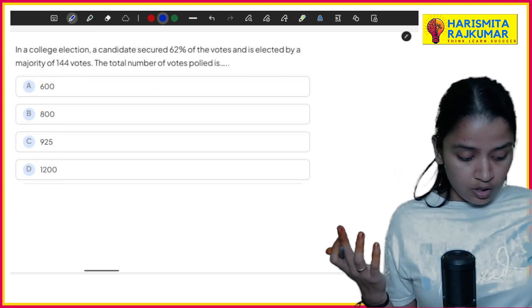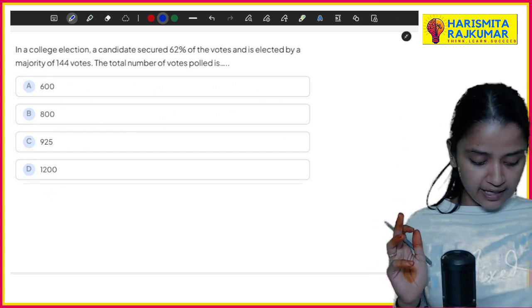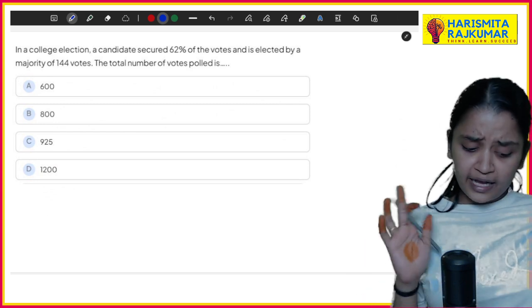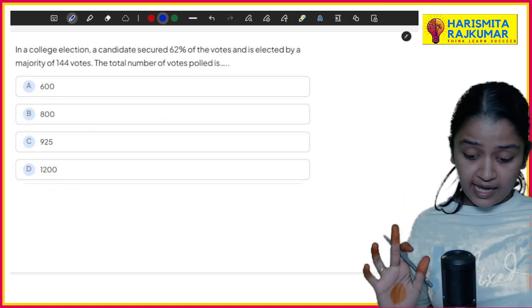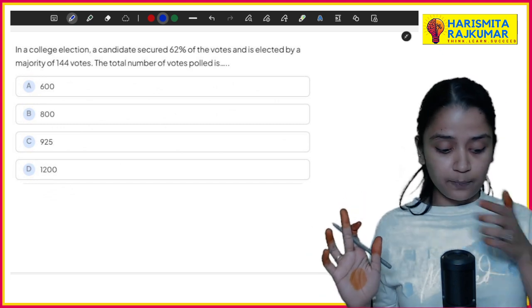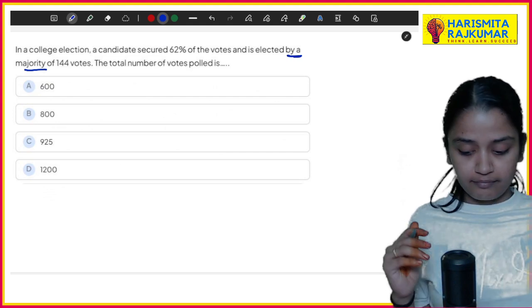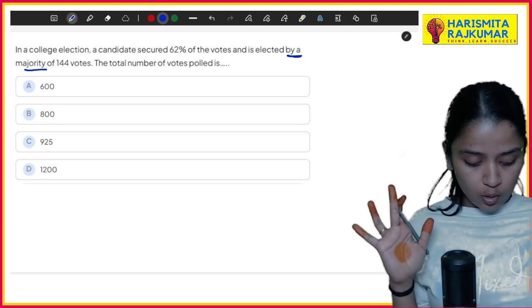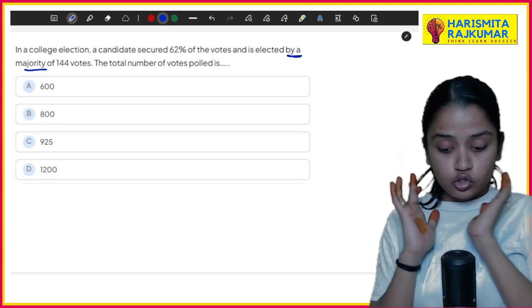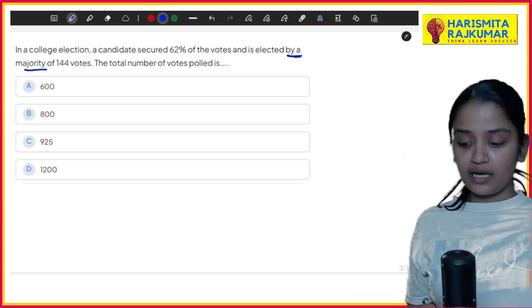Okay, so now the first one. In a college election, a candidate secured 62% of votes and is elected by a majority. See, again, by a majority. He is elected by a majority of 144 votes. They are asking the total number of votes.